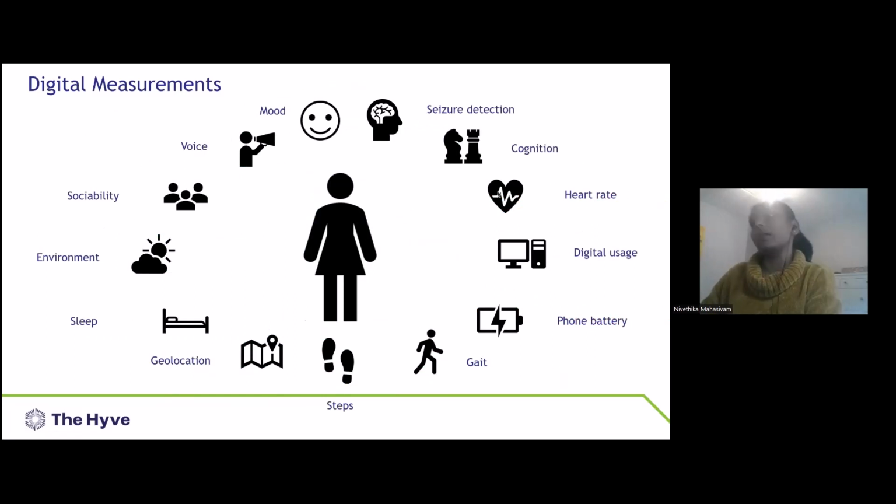On the other hand, as you all know, technology has gone far, and a lot of people are already using wearable devices, activity trackers, mobile phones and apps to self-manage their health. And people with a particular disease are also more motivated to use these technologies to manage their disease. So the idea is that you can have a lot of digital measurements around a particular participant using these devices that you use in your day-to-day life.